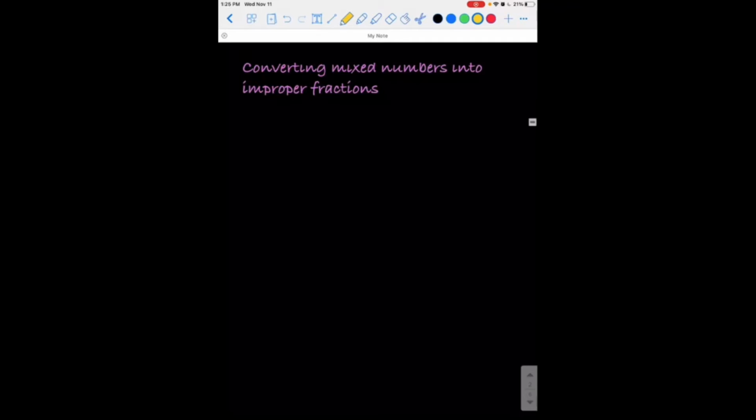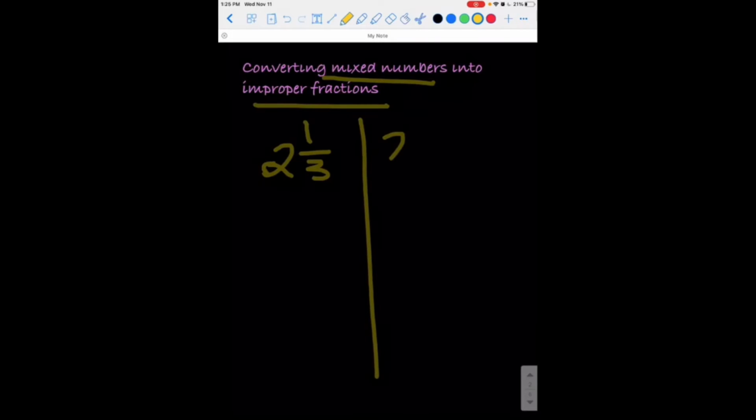Now, let's do converting mixed numbers into improper fractions. What is a mixed number and what is an improper fraction? 2 1/3 is a mixed number. If you want to turn it into an improper fraction, we would get a higher numerator than denominator. Let me show you.